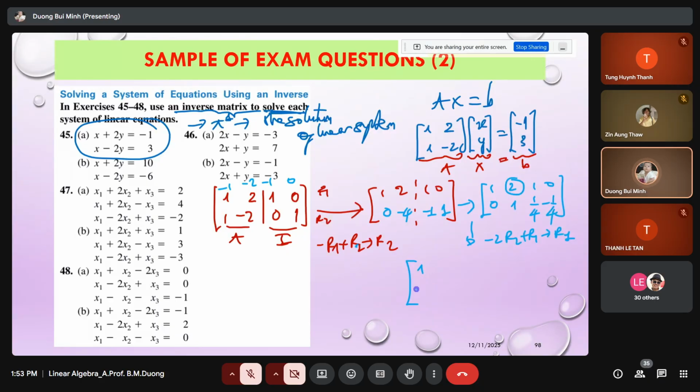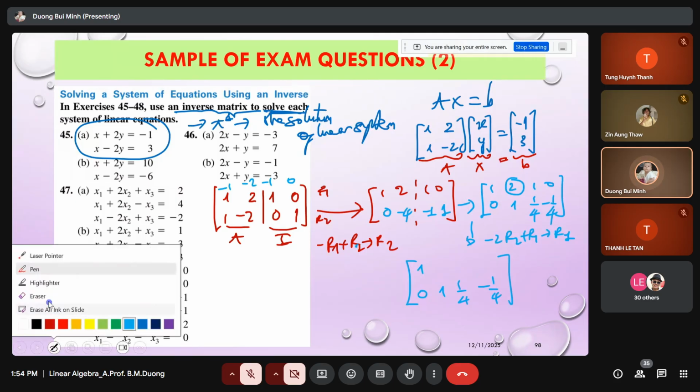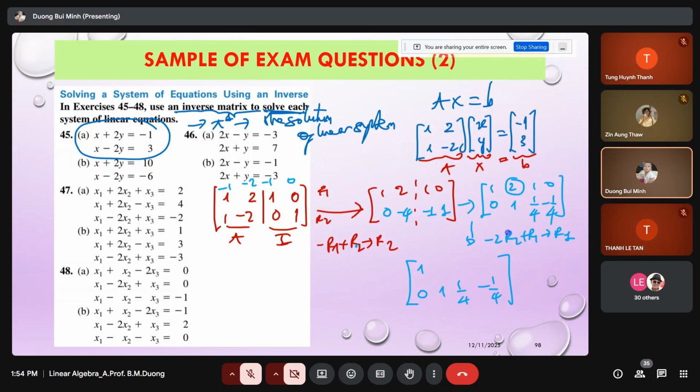So you get 1, 0, 1 over 2, 1 over 2. And here you get 0, 1, 1 over 4, minus 1 over 4. So this one is I, and this one is the inverse of A.